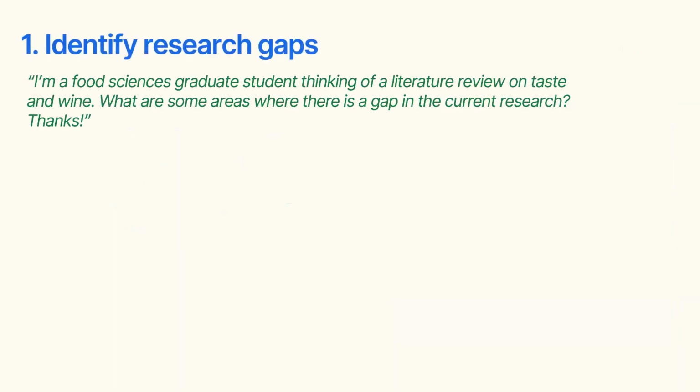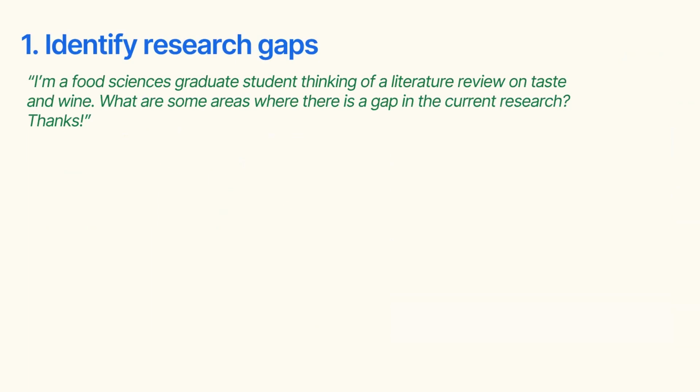Okay, so identifying research gaps. Maylin started last week using the same type of question. You can pretend you're a food sciences graduate student thinking of a literature review on taste and wine.